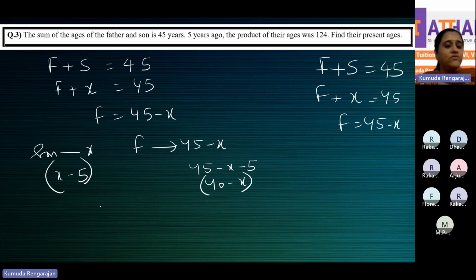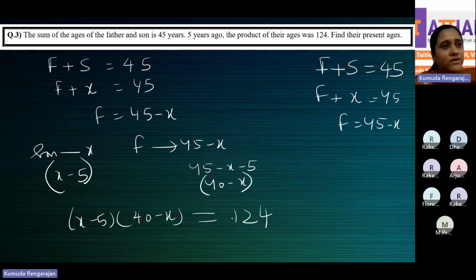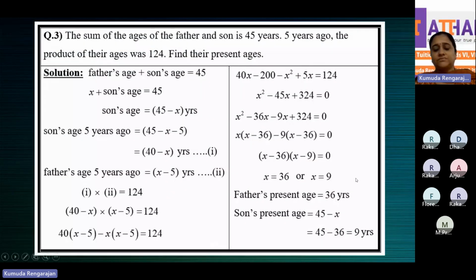And it's very clear that the product is 124. So x minus 5 into 40 minus x. Why multiplication? Because the product of their ages. So when you multiply their ages 5 years ago, the product is 124. So this is the equation. Solve and find the value of x, and hence find the father's age and the son's age.